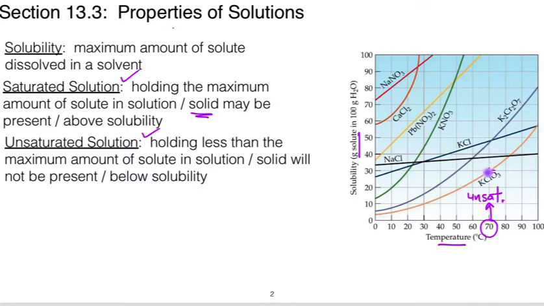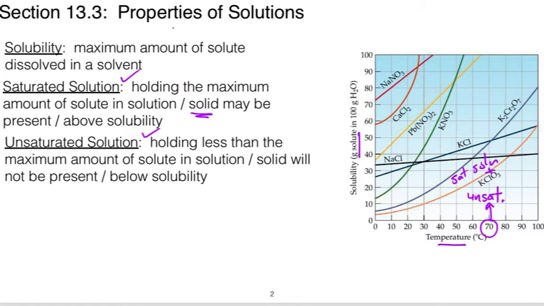The solid is going to be present in solution, and we would identify that as a saturated solution. And the same can be said for any of the curves on the graph here. Lead nitrate, anything above the line in the graph is not going to dissolve. It's going to be a saturated solution. Anything below the line for the lead nitrate is going to be an unsaturated solution.